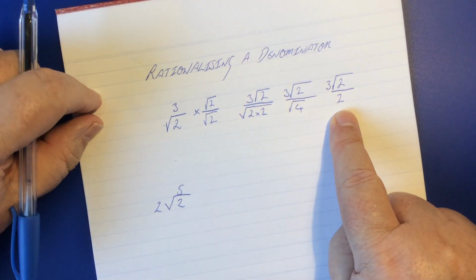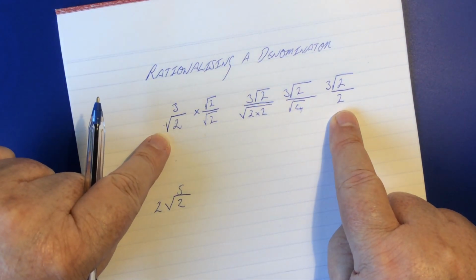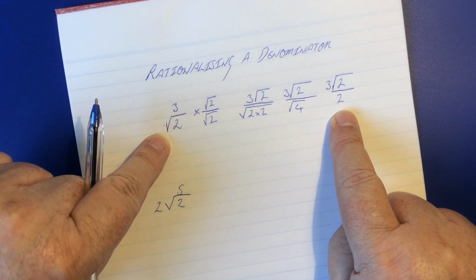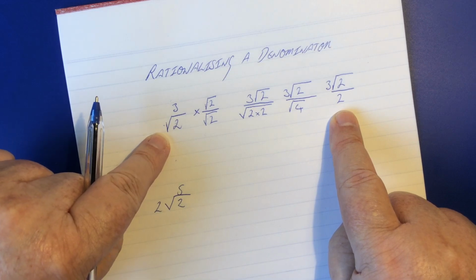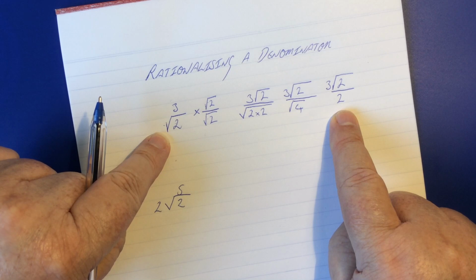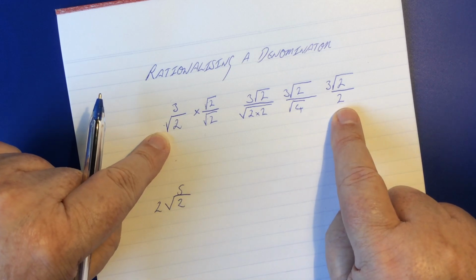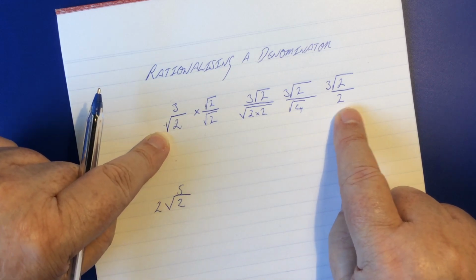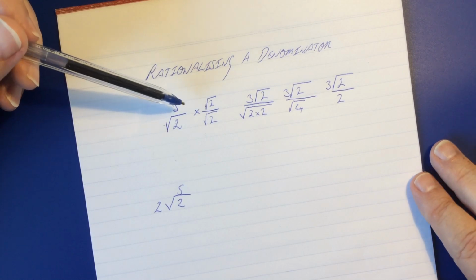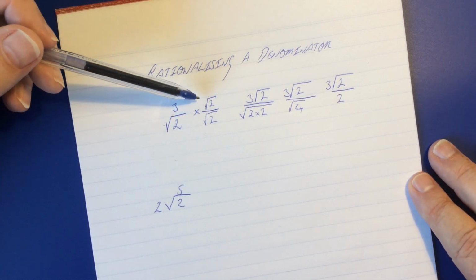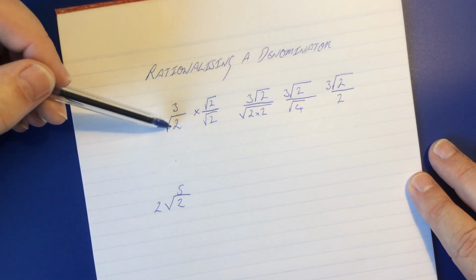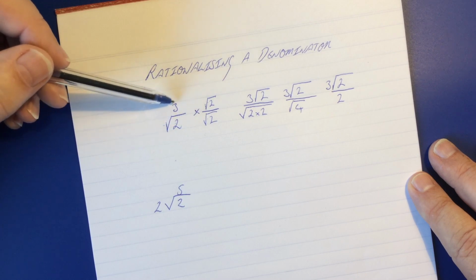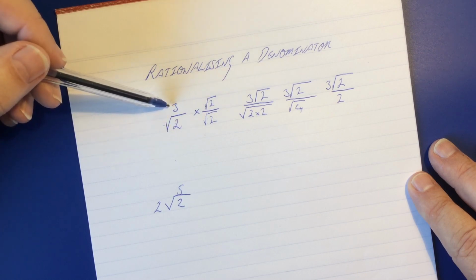This is the same as this mathematically. It has the same effect, it has the same value, but it's got a rational denominator. So let's just talk through that process again quickly. This is a very simple fraction.